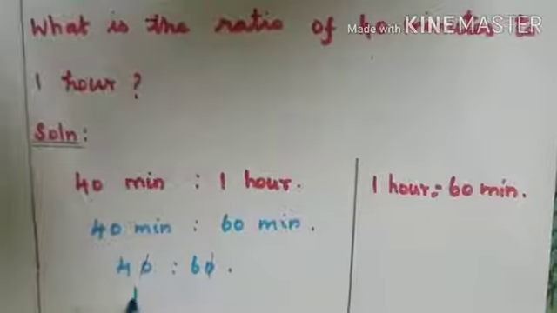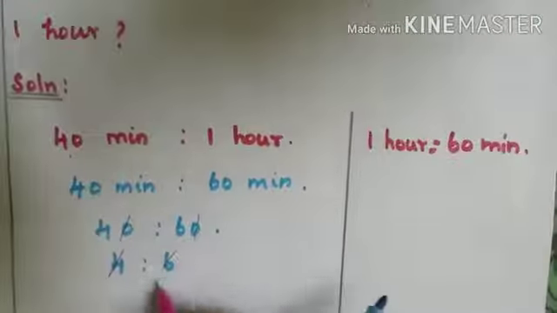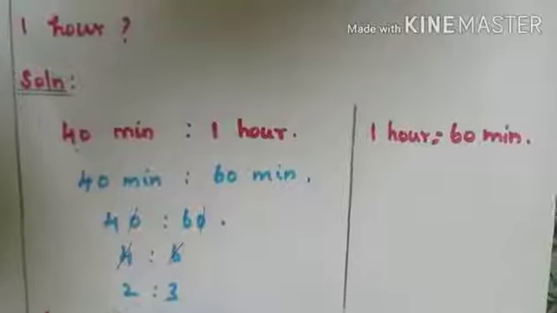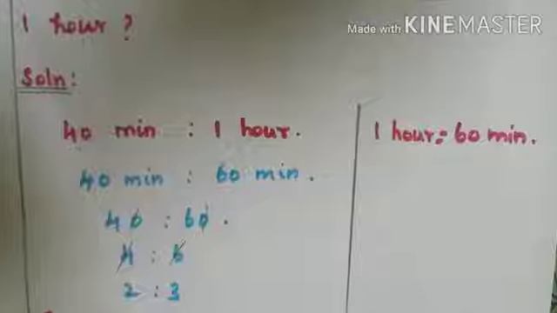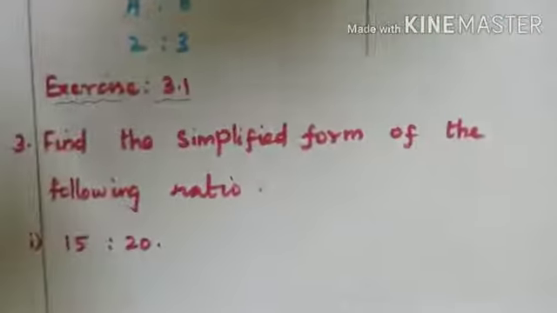Now that number becomes what? 4:6, isn't it? Now you see here 2 2s are 4 and 3 2s are 6. The answer is 2:3.